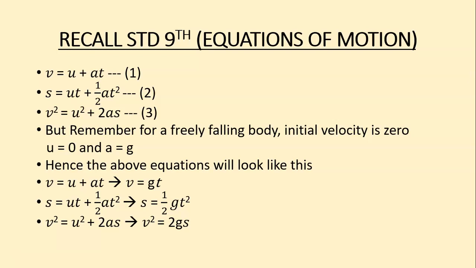So, the magnitude of g is the same, but the velocity of the object decreases because of this negative acceleration. So, for a ball thrown upwards, the acceleration due to gravity will be minus g, which is equal to minus 9.8 meters per second squared.